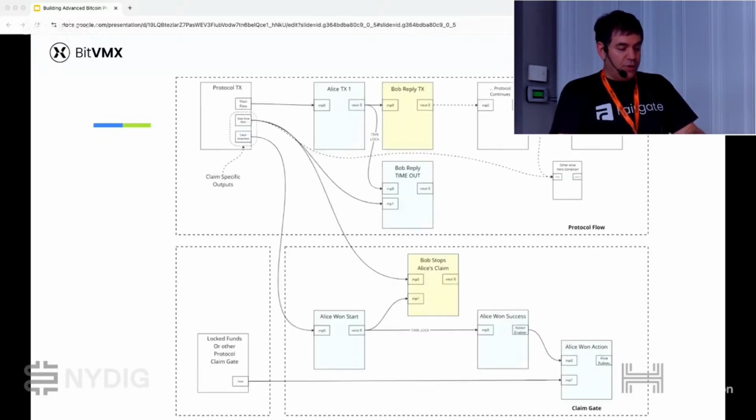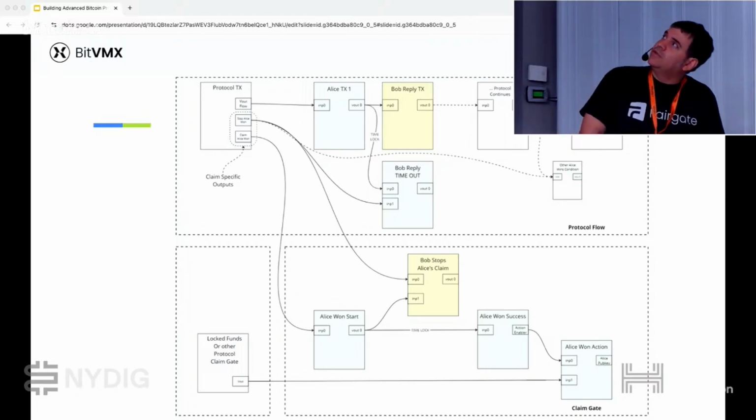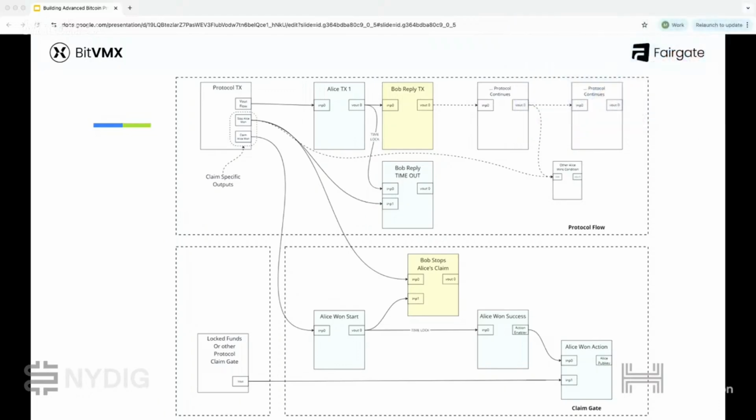Okay, so let me show you a little bit how it looks. I hope it's readable. On the top, we have a sample protocol that could be a dispute between Alice and Bob. Usually you have turn-based transactions. So, for example, Alice, in green, is trying to send a transaction, then there is a reply from Bob.